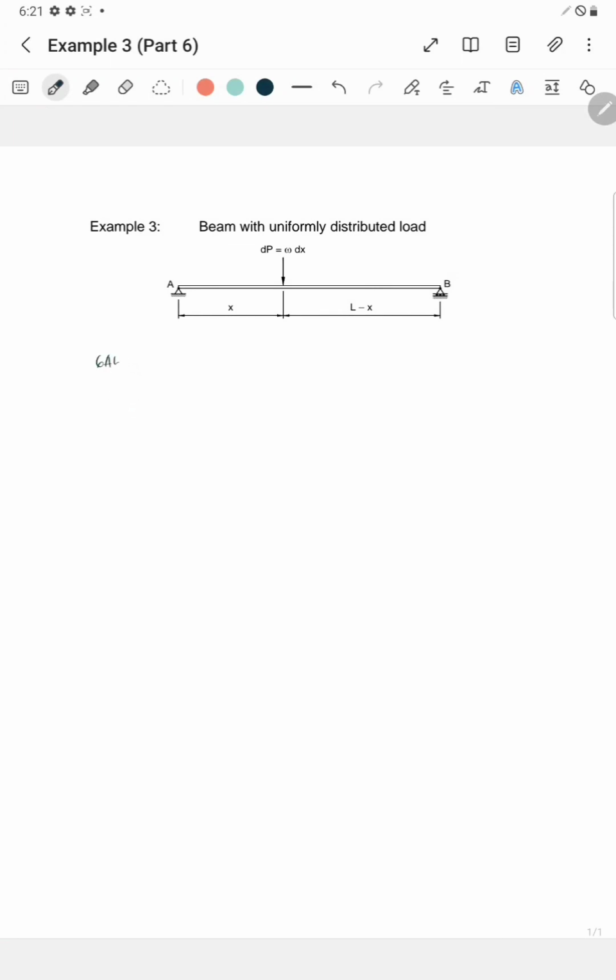For 6AB over L, we apply the formula PB over L, L square minus B square. So the load P is W dx. The distance B is L minus x. Then over L, and then L square minus B square. Okay, then integrate. Limits from left to right. So from 0 to L. Then simplify. So L square minus expand.